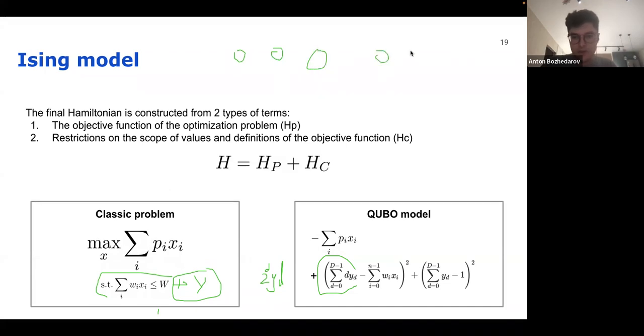If we have a spin that corresponds to the 1 on the place here, it corresponds to the number 1. If we have integer 1 here, it will correspond to the number 2. If we have one integer here, it will correspond to the number 3, and so on.